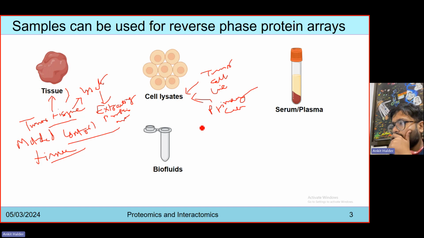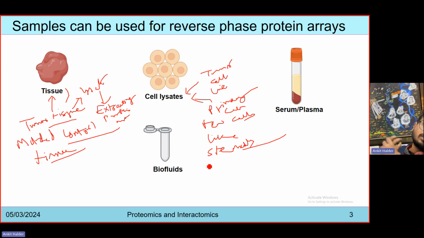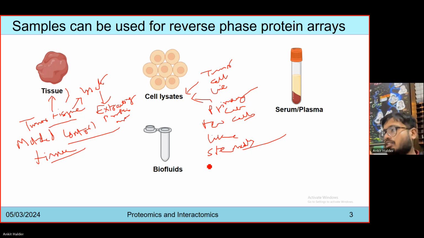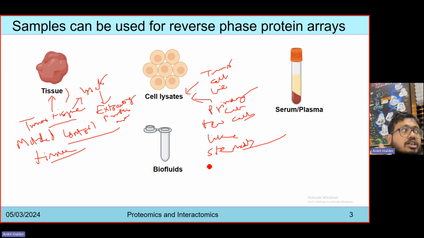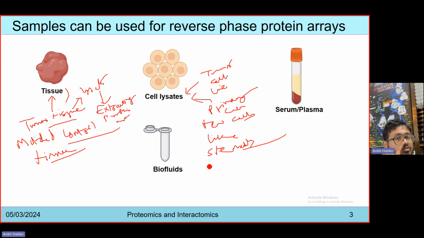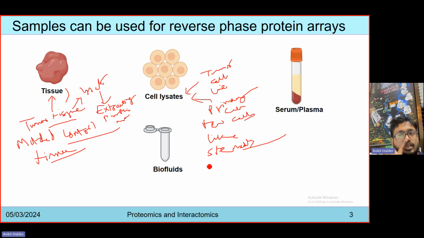It can be very few cells like stem cells. So if you have taken stem cells or certain kinds of cells which are very few in number, those can be taken forward, and with lysate preparation, you can perform the analysis.